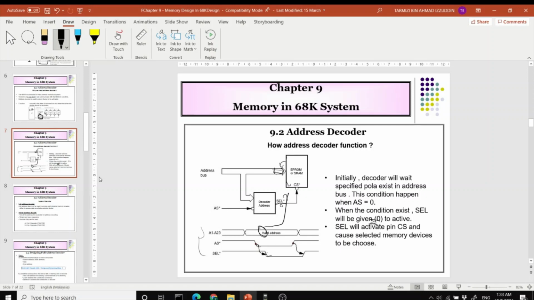SEL will activate the chip select pin, CS, and cause the selected memory device to be chosen. So this is how the address decoder functions.